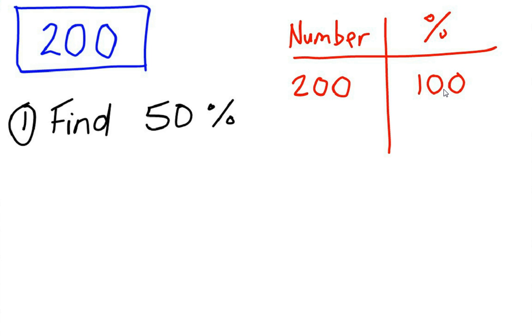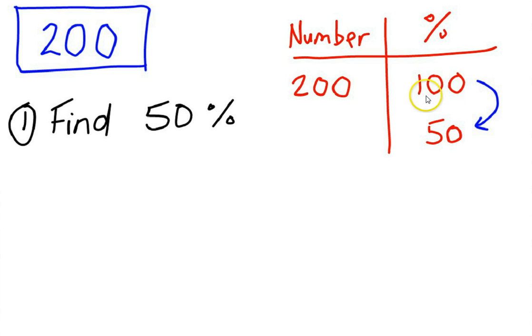Simple. Now we want to find 50%. So what we do is make sure it lines up with the percentages. We've got 100 here. Underneath, I'm going to write 50, and that is 50%. Now we need to draw a little arrow that joins these two like this. And we need to ask ourselves, how many 50s are there in 100?